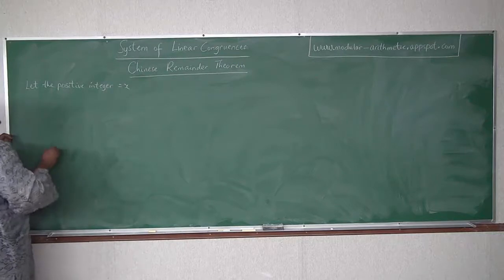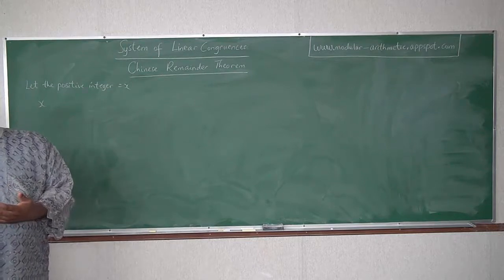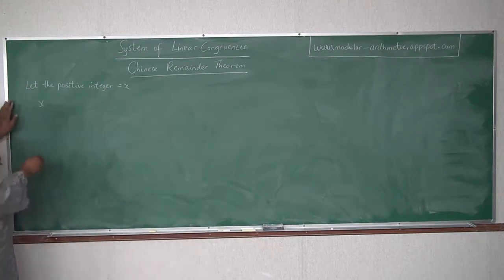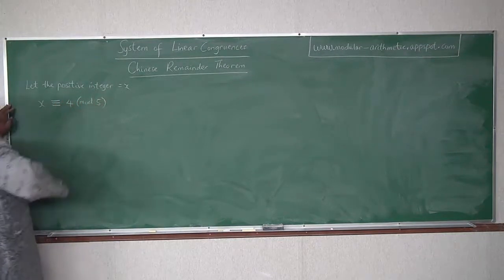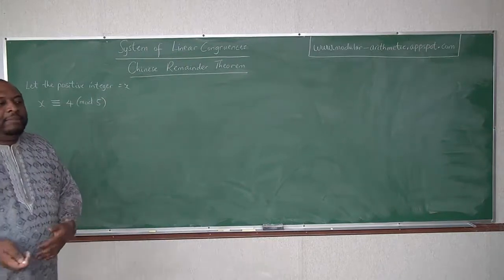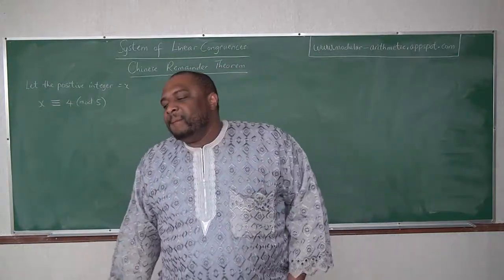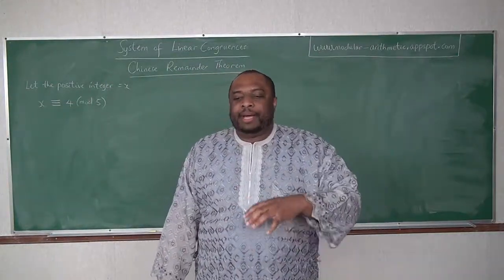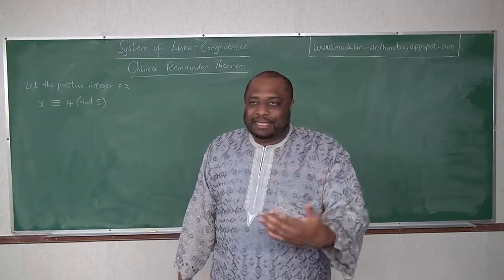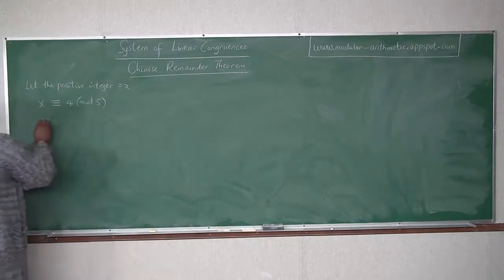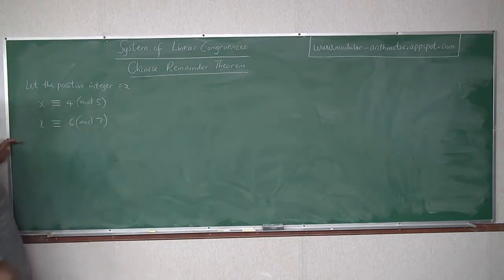So this means that x is congruent to 4 mod 5. When the same number is divided by 7, the remainder is 6. So we have x is congruent to 6 mod 7. What is the number?